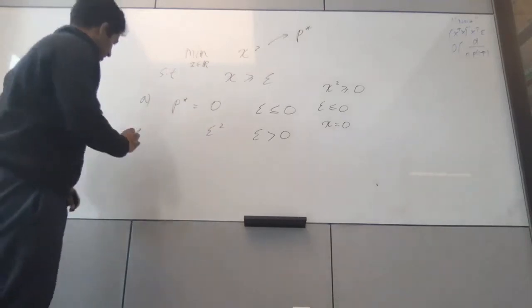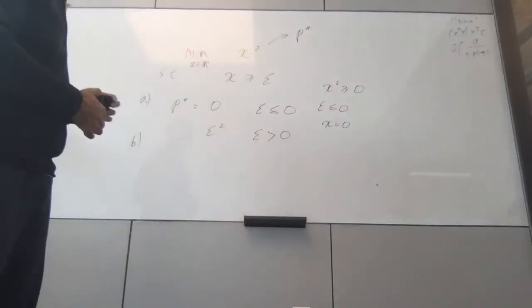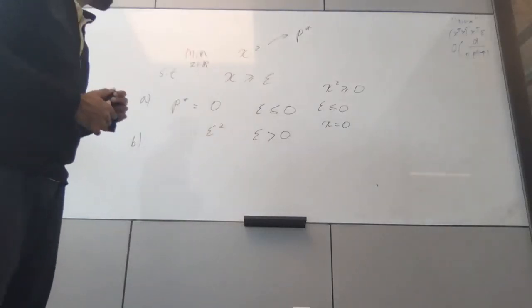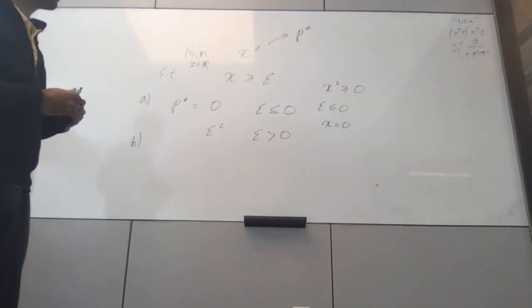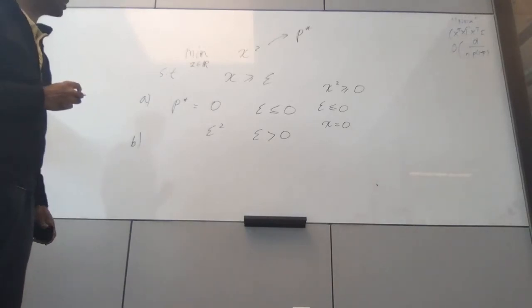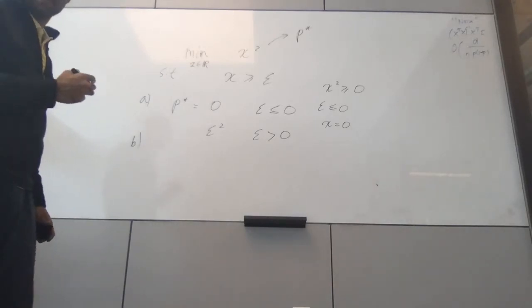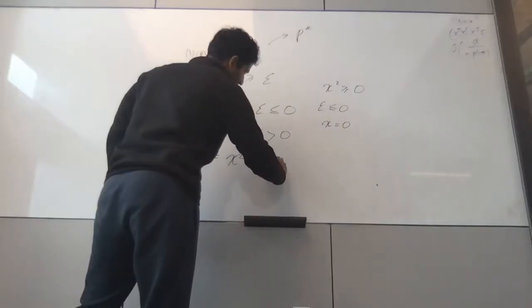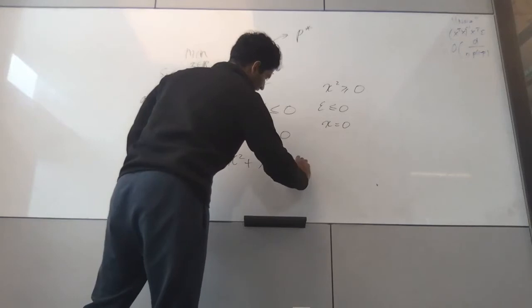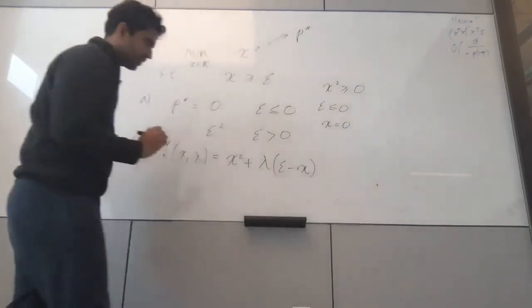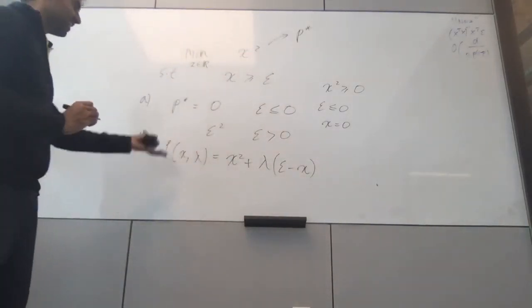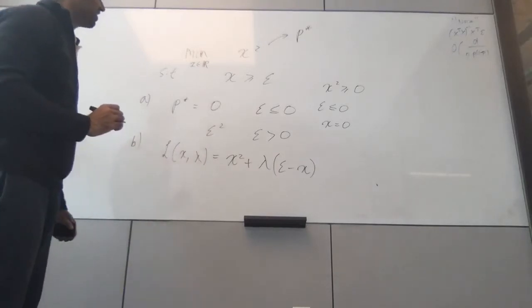Okay. So part B asks you to compute the Lagrangian of this problem. So what is the Lagrangian? Just x squared plus lambda times epsilon minus x. Right, exactly.